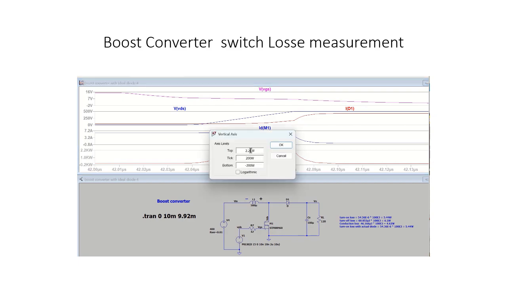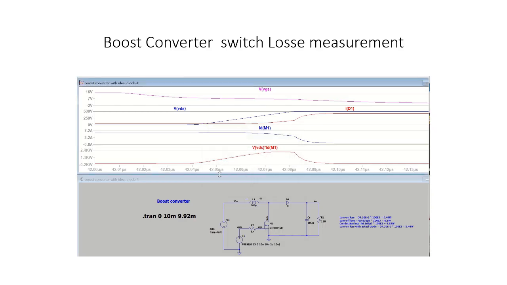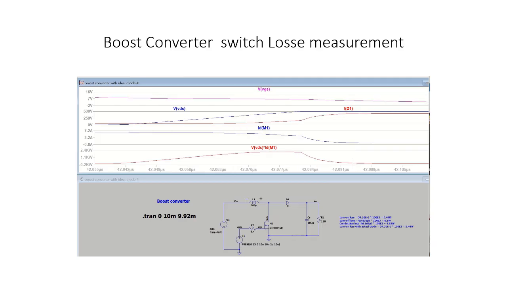Slightly increase this beyond it. I think turn off starts here and nearly ends here. Okay, this is the turn off interval.